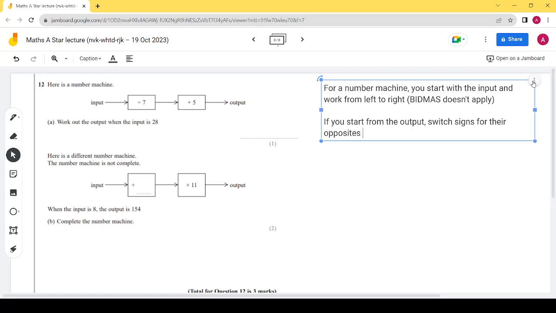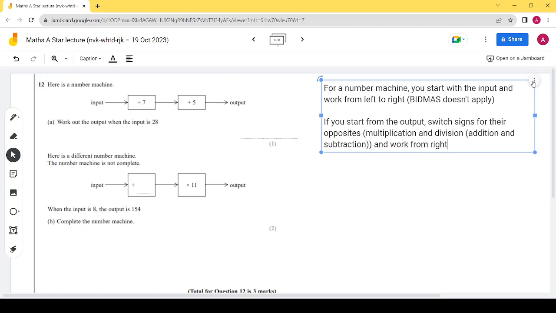Opposites are multiplication and division, and addition and subtraction. These are the opposites, and you work from right to left. So our second example here will get us doing that.